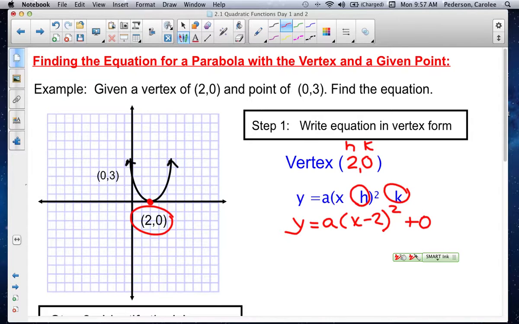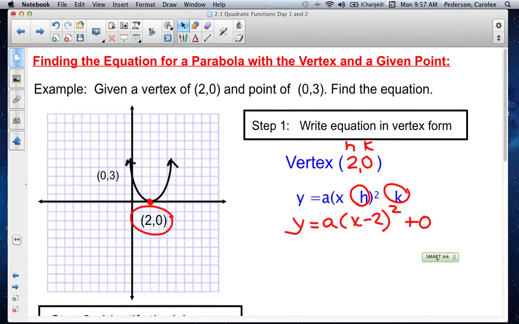And now the rest of this problem is just like the previous example. We're going to find an identifiable point on the graph, plug it in to this red equation, solve for a, and then substitute a back into this red equation. So what is the additional point on this graph?